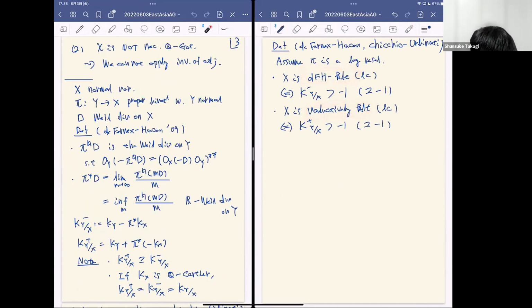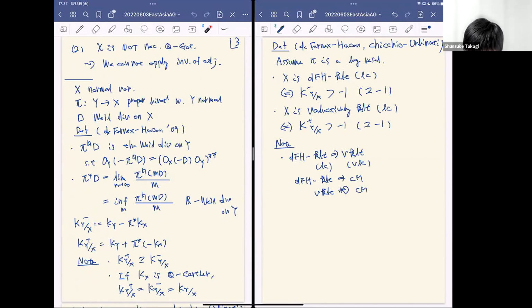Dufresne-Heycon KLT implies variatively KLT, and of course Dufresne-Heycon LC implies variatively LC. Actually, Dufresne-Heycon KLT implies Cohen-Macaulay, but variatively KLT in general does not imply that. Variatively KLT singularity is not necessarily Cohen-Macaulay. So they are different.